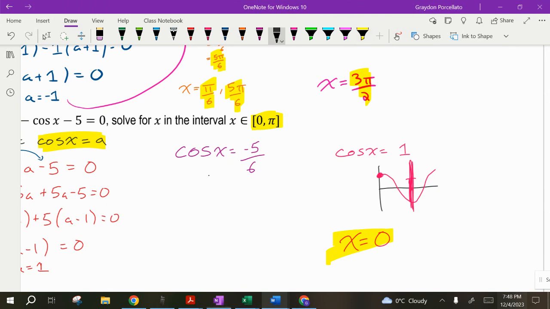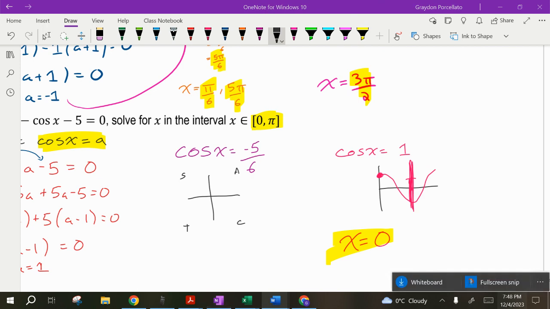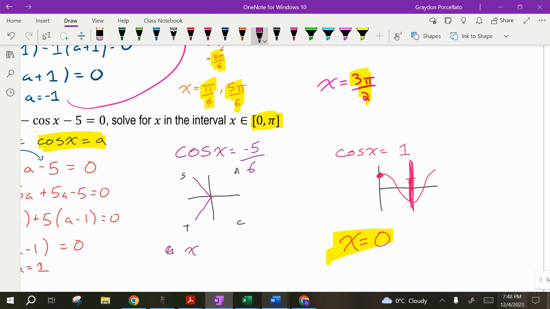Now, negative 5 over 6. I'm going to draw my CAST rule for that. C, A, S, T. When is cos negative? Cos is negative here and here. Now, I need to figure out one of these angles. So I'm going to take x equal to the cos inverse of negative 5 over 6.